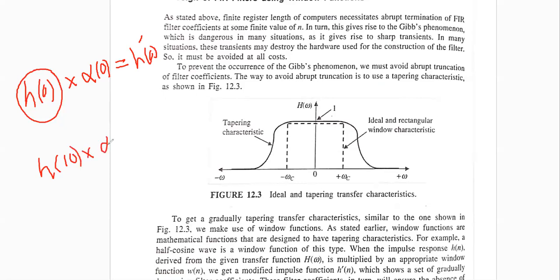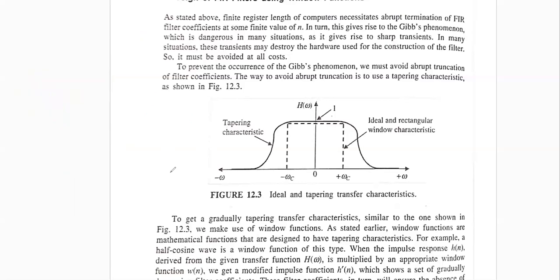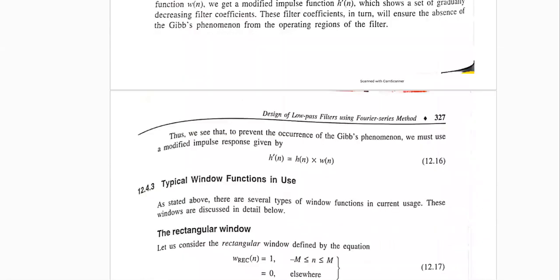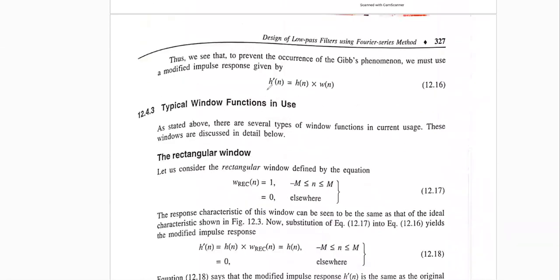Now we multiply with alpha 10, a coefficient due to this tapering characteristic, so that our new H10 will not give a sharp change in the time domain. That's why we will find no Gibbs phenomenon in the transition of the filter design. So this kind of window can be implemented.